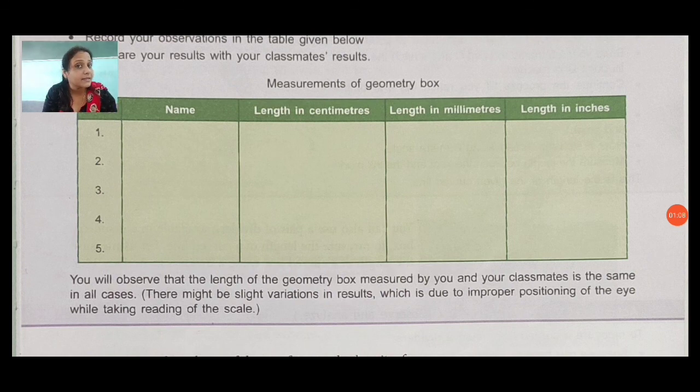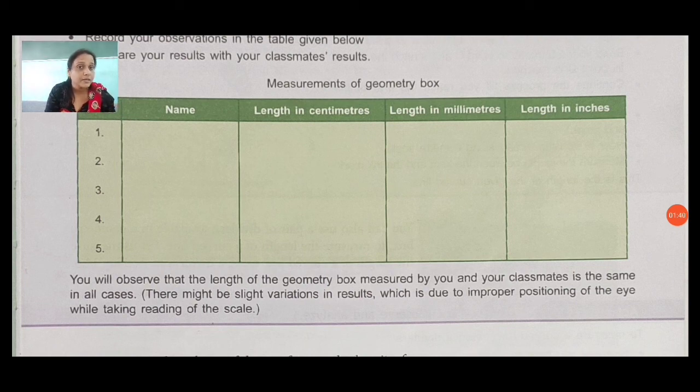As we have discussed, if we want to measure some things with our arms, with our footsteps, then we cannot get the same results, because the arm and the foot of one person differ from another person. But here if we measure anything using the scale, then we will get the same result, the same length, because the measurement is the same from one to another.